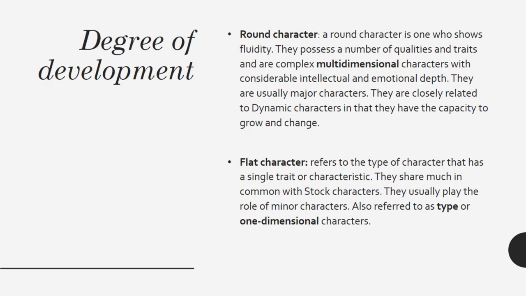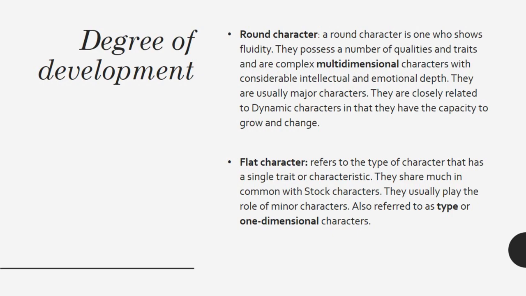And this type of character is multidimensional. Multidimensional in that it develops along with the plot, and it grows and changes into whatever form or role that the writer would want to use this character for.